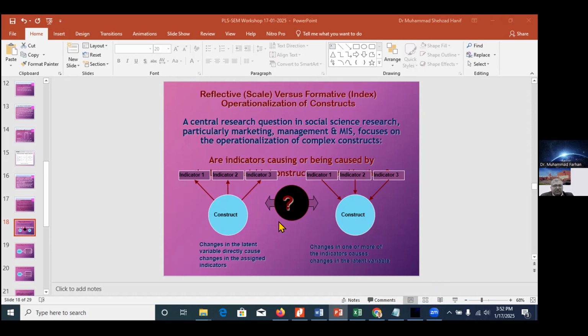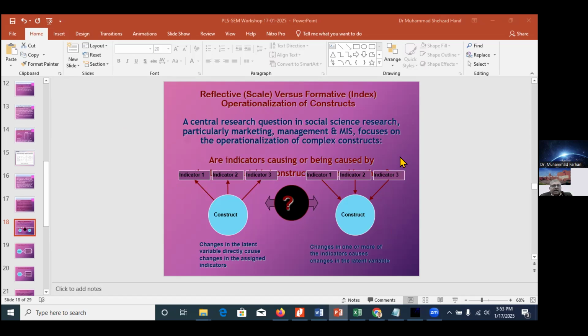So just view this diagram. A simple construct with the arrows outwards. And on the contrary, here is another construct. The indicators are inward. So in a sense, the construct is showing up something which is reflected through indicator 1, indicator 2, and then indicator 3.